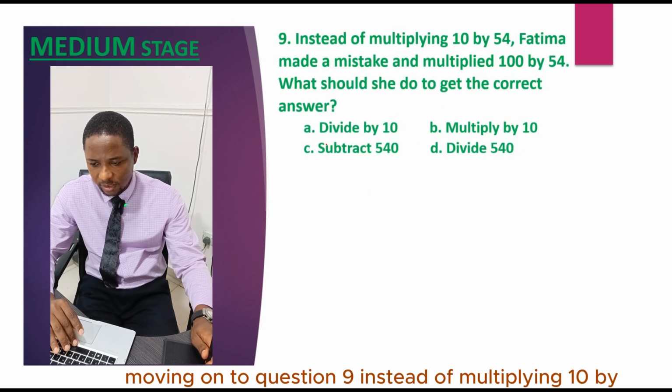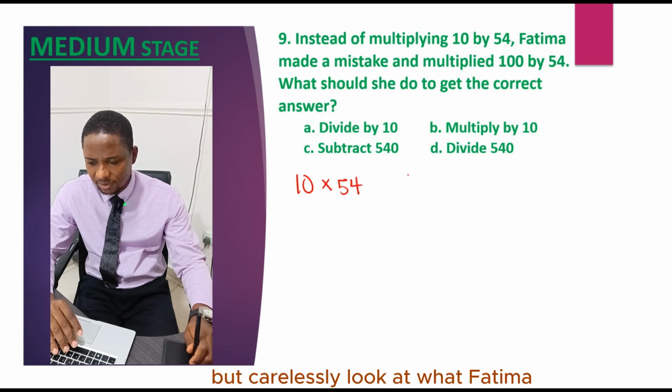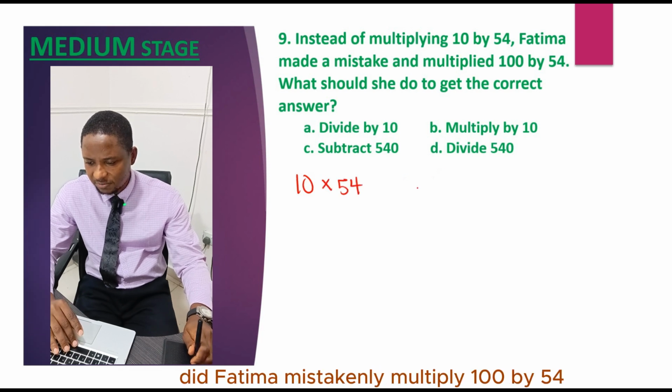Moving on to question 9. Instead of multiplying by 10, this is what you are asked to do. But carelessly, look at what Fatima did. Fatima mistakenly multiplied 100 by 54.